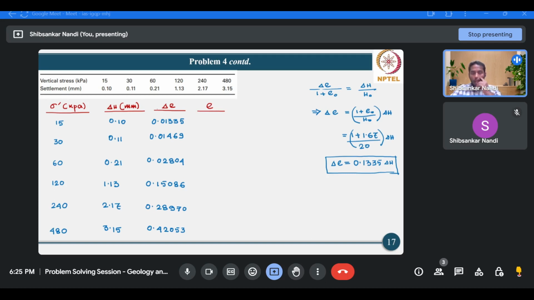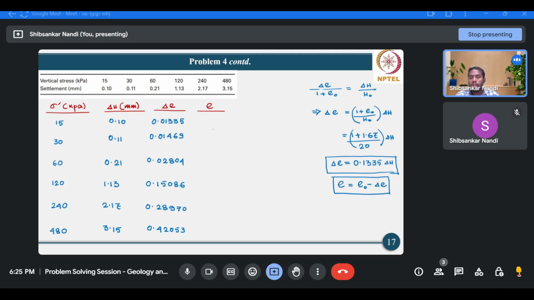Okay. Now, if these are the changes, then we can calculate the void ratio at the end of each load increment. How? So we can calculate the e value, the present e value, from this equation: e0 minus delta e. So as you are increasing the stress, your void ratio will be decreasing by this delta e value.